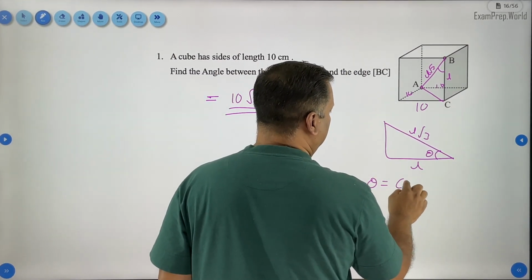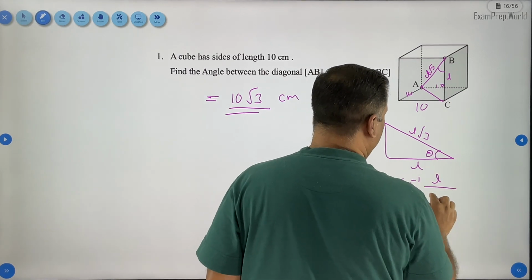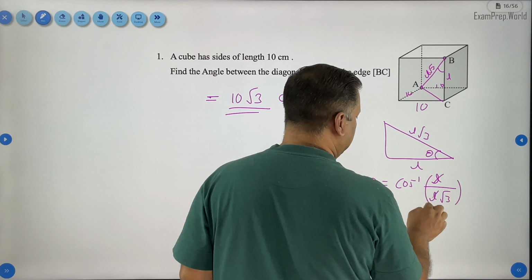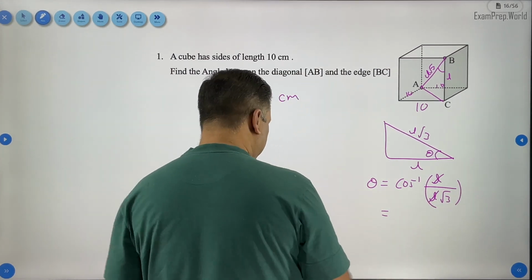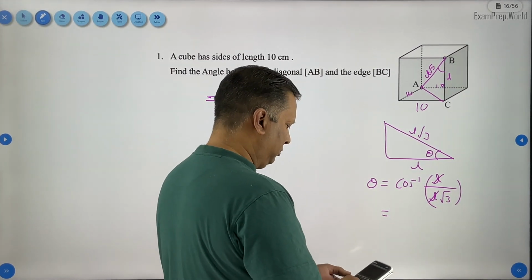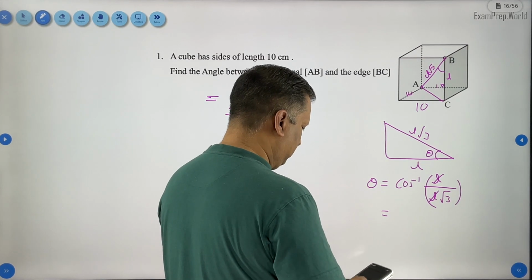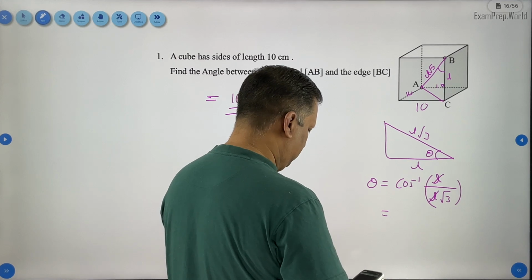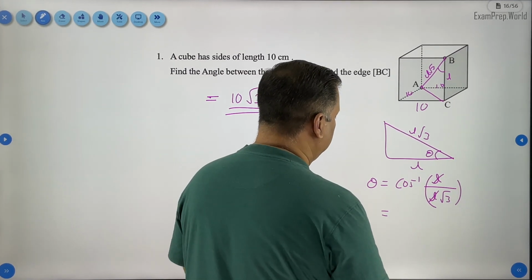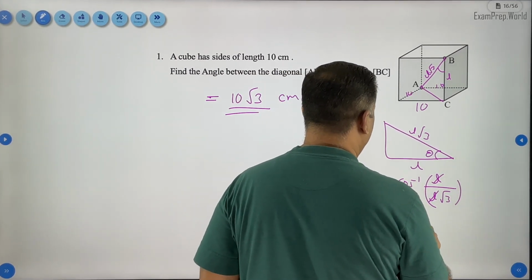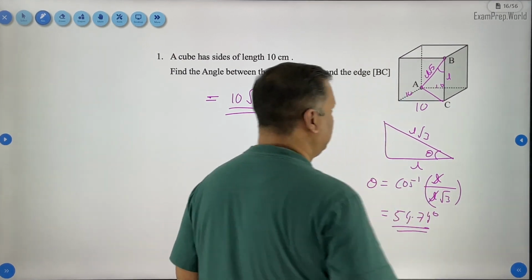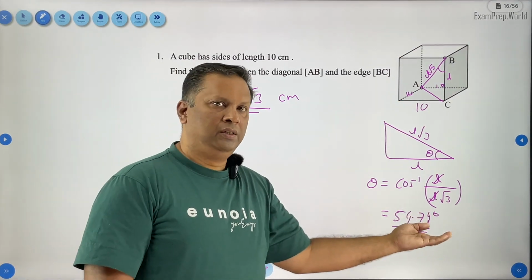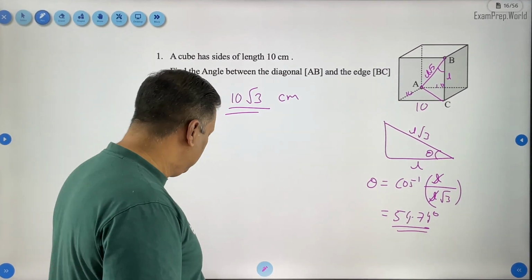So theta is equal to cos inverse of L over L root 3. L cancels. Cos inverse of 1 by root 3 is 54.74 degrees. That should be your answer. Easy. Once you have sides, you can always find the angle. Let's do the next one.